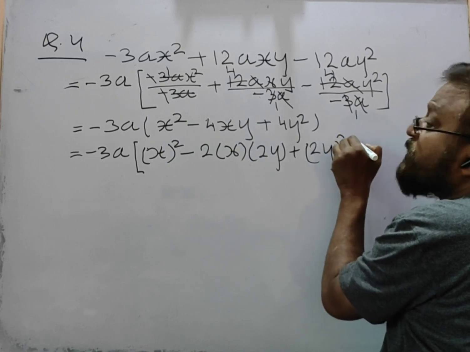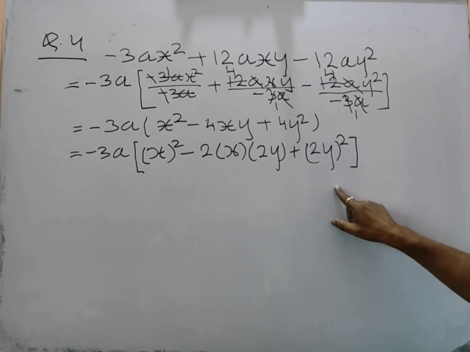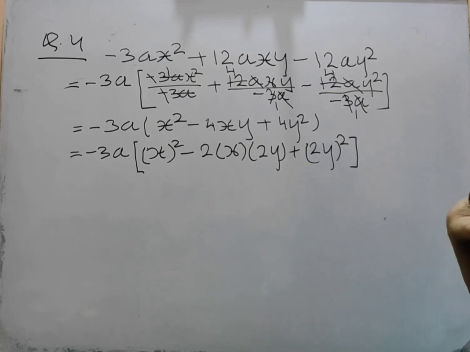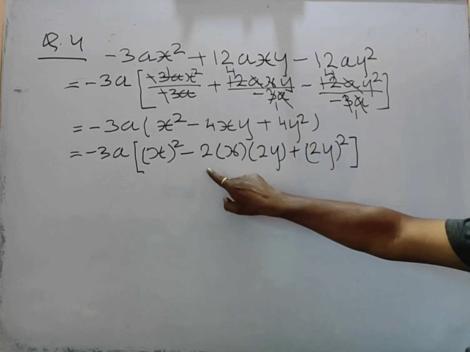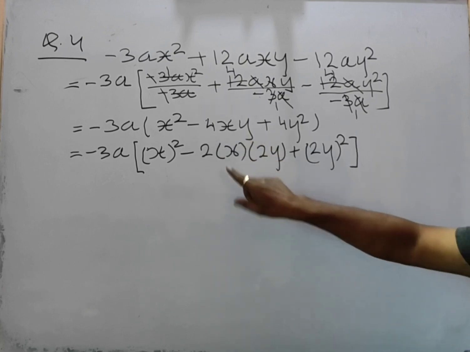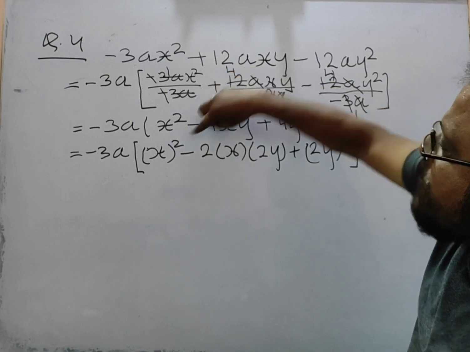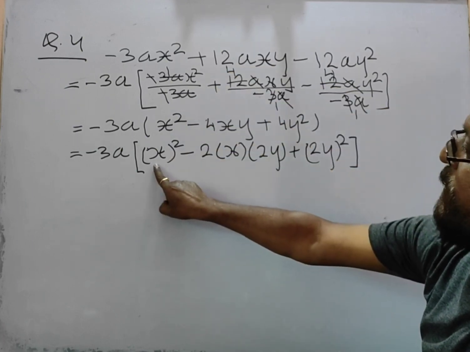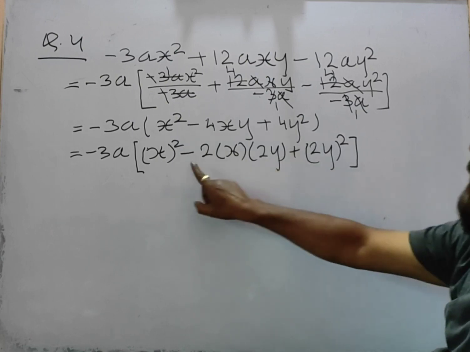Because 4 is a perfect square of 2, so it becomes 2y whole square. I just split the terms in this manner. This is x, this is 2y, and there is a formula.